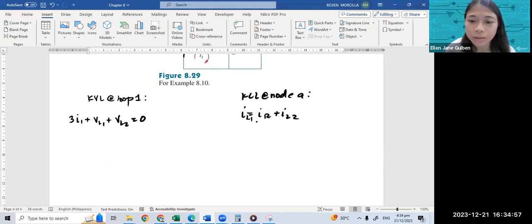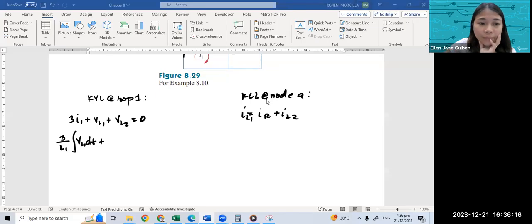So let's start here first. 3 times 1 over L1 integral of VL1 dt plus VL1 plus VL2 equal to 0.